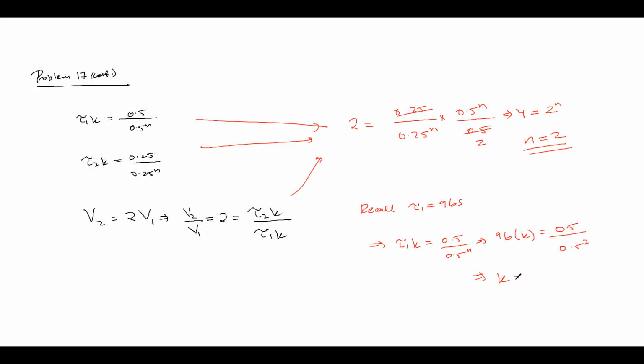So k in this case will be 1 over 48, because 0.5 over a quarter is 2, so 2 over 96, 1 over 48. And you can get your units for this. I think it will be liter per mole second. Just verify these units. And then you have k, you have n. This solves problem 17 to solve for the kinetic rate expression.